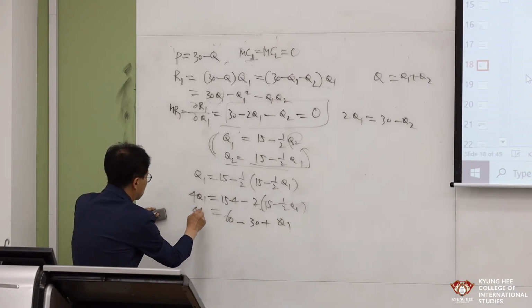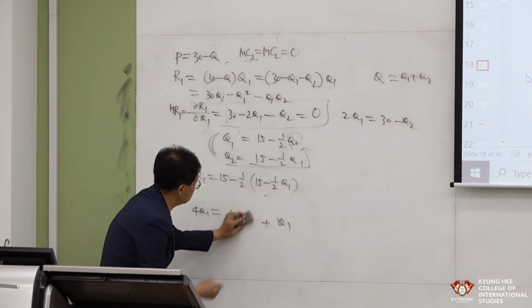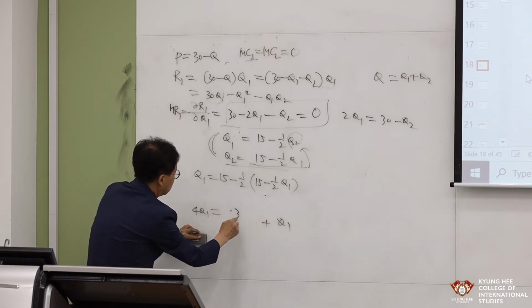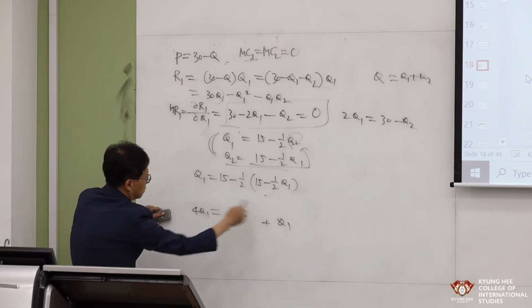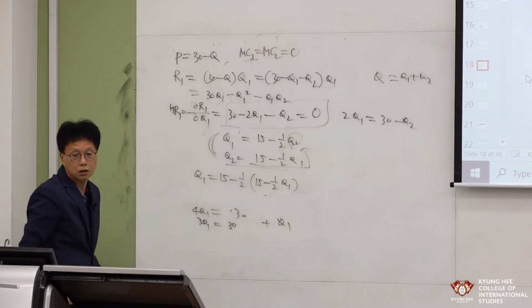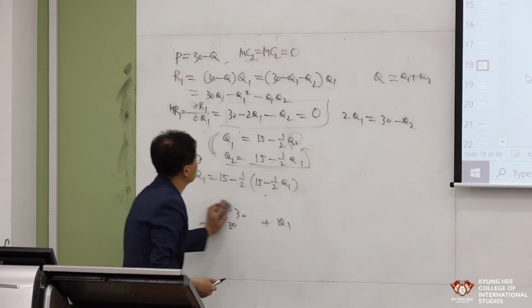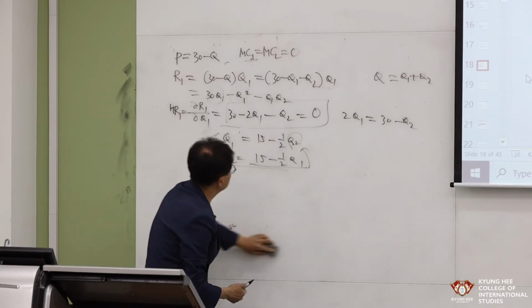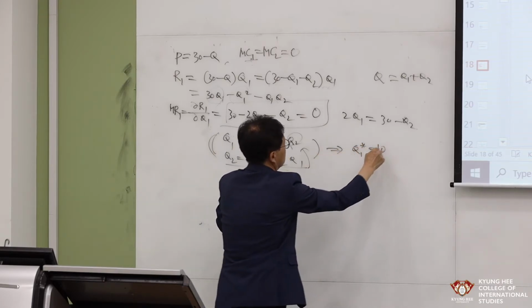So 4Q1 is equal to 60 minus 30, that is 30, isn't it? Right? Then moving this one there, 3Q1 is equal to 30. Then Q1 star should be equal to 10.